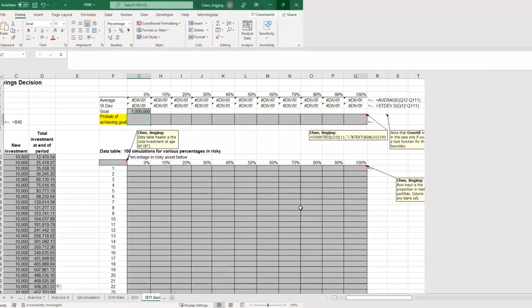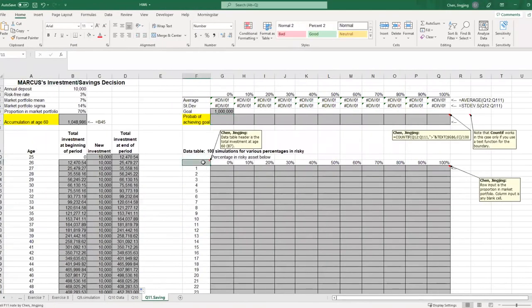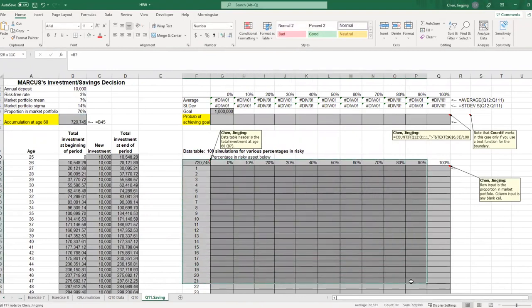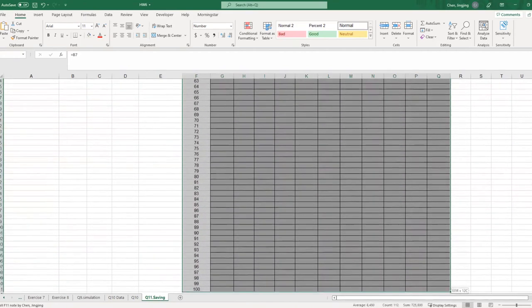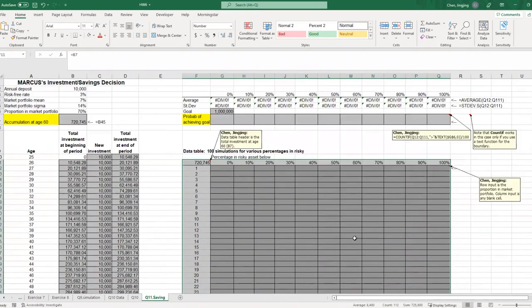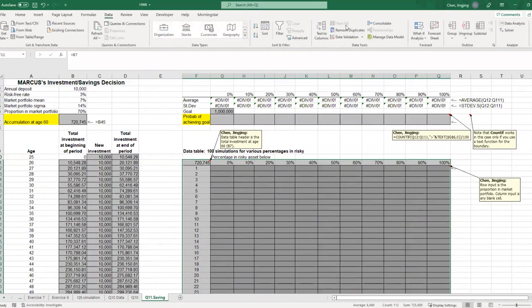So first, the table header would be the accumulation at 60, because we want Excel to populate it. And then select the whole data table. Data, what-if analysis, data table.